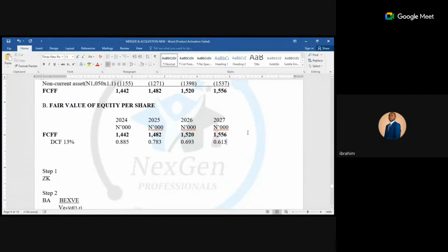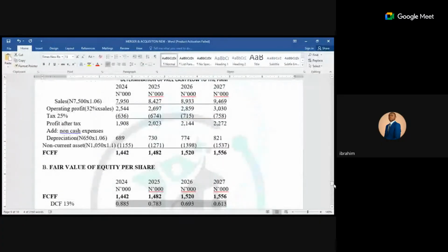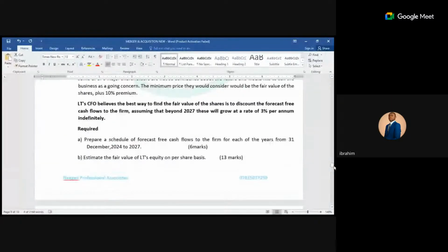Class, what the examiner says we should do is to determine the fair value of equity per share. We can't get the value of equity per share without having our value first. And you should not forget that the CFO believes that the best way to find the fair value of shares is to discount the free cash flow to the firm.